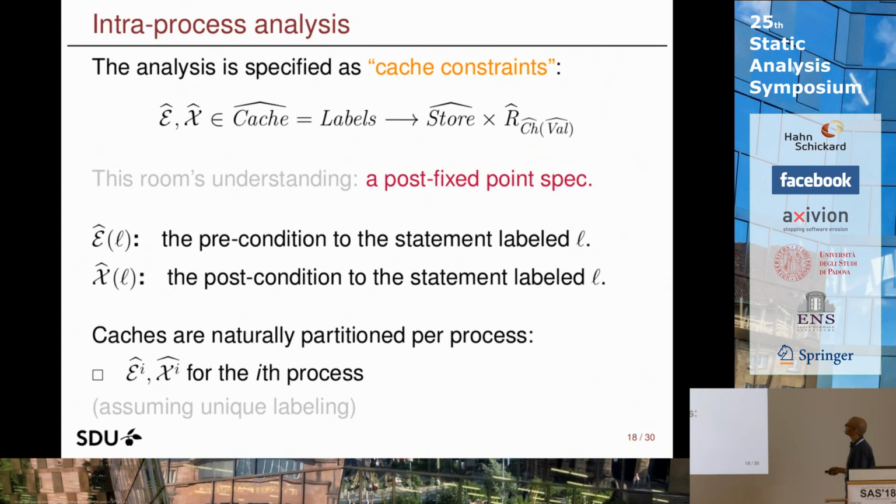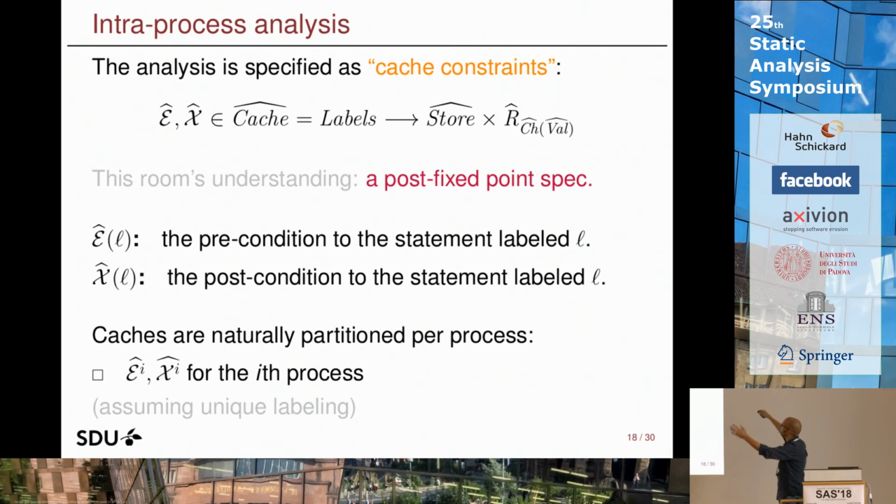Extracting network behavior. So the analysis is phrased in this constraint formulation that Hankin, Nielson and Nielson advocate in their book as a cache. So a traditional formulation that associates to each label not only an approximate environment or store, but also one of these lattice-valued regular expressions.